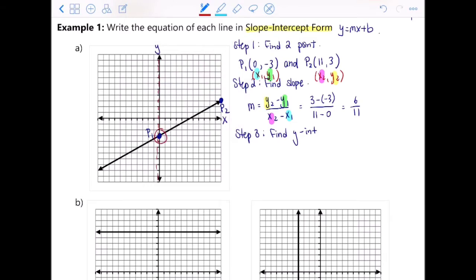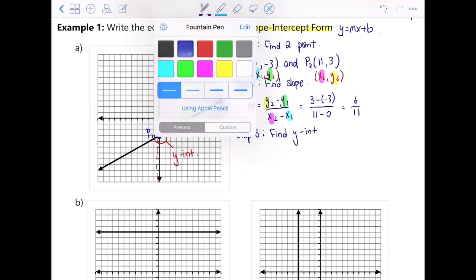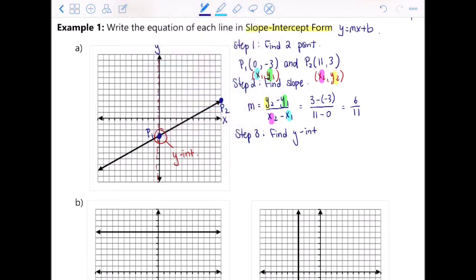So P1 is the y-intercept. Okay, so we know the y-intercept is (0, -3). So b equals -3.